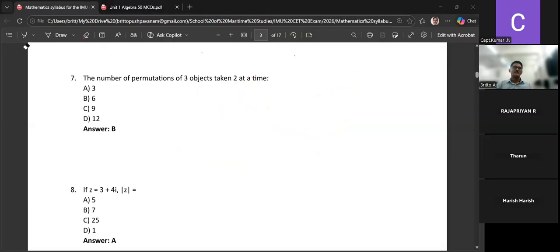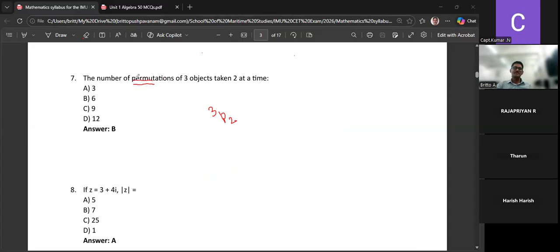That is 3P2. Whenever the word is permutation, it means arrangement; whenever the word is combination, it is a selection. So here they have given a permutation.